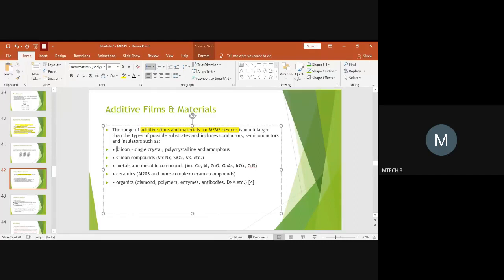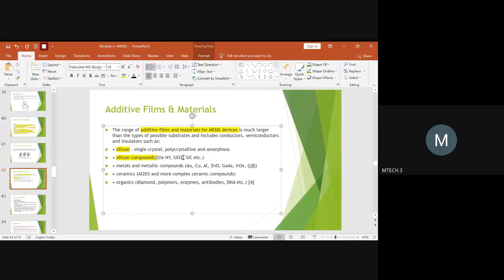Suppose you are using silicon as a substrate, which are the additive materials you can go for? It is like single crystal silicon, polycrystalline and amorphous. So for that, the feasible materials are silicon compounds. In silicon compounds, you again have varieties.